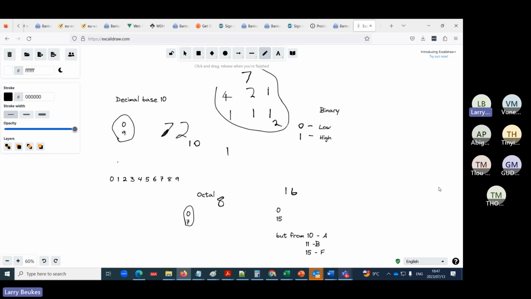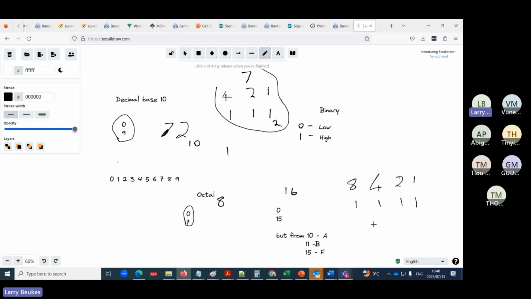So now you have your hex. For hex, you need to group in fours, basically. 1, 2, 4, 8, right? So if you have 1 here, 1 here, 1 here, 1 here, this will be equivalent to 15, the highest number. 15 is an F. So 8 plus 4 is 12, plus 2 is 14, plus 1 is 15.